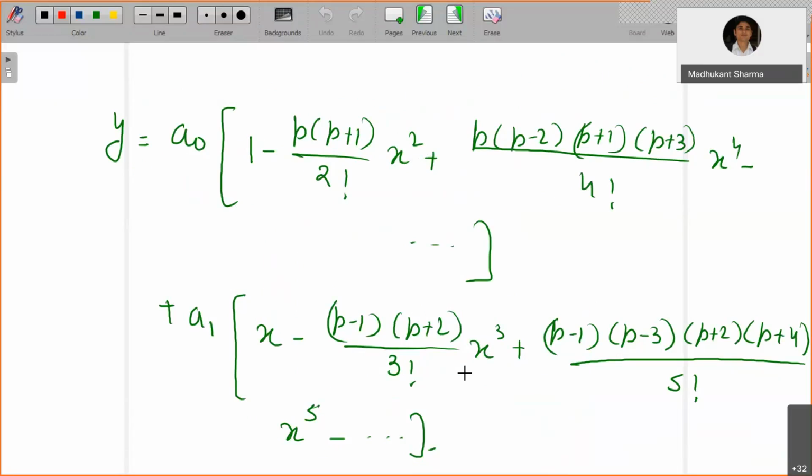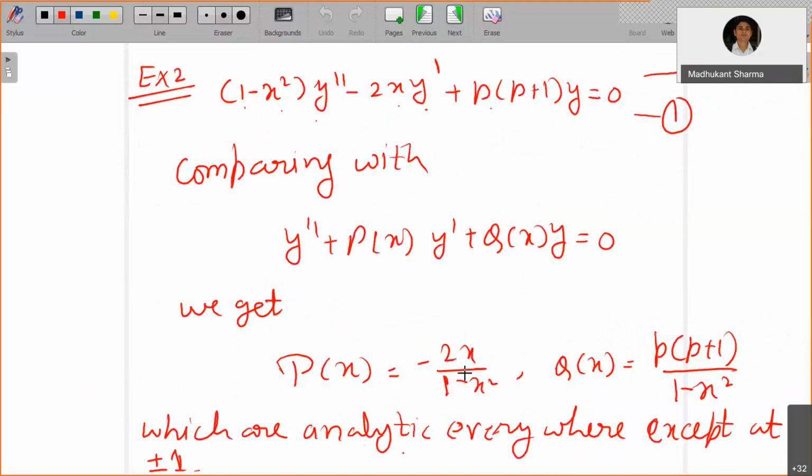Right. So this equation is known as Legendre's equation, and its solutions are called Legendre polynomials. We are not going into it now, but whenever you solve some engineering problems, you will definitely encounter Legendre polynomials and their properties.